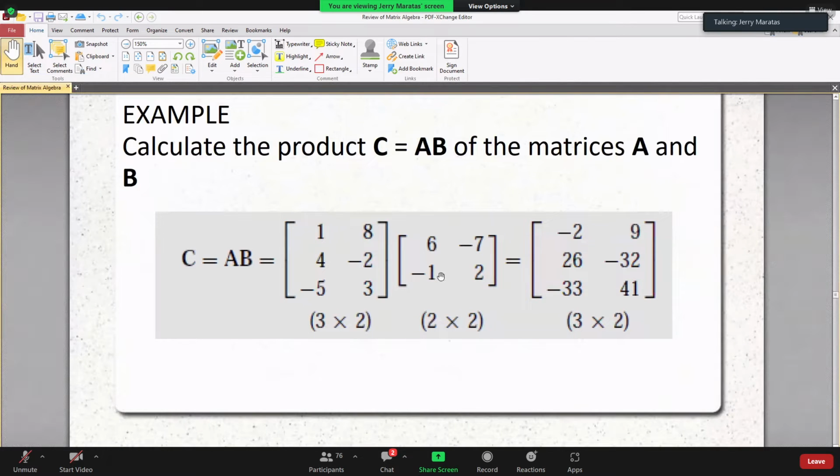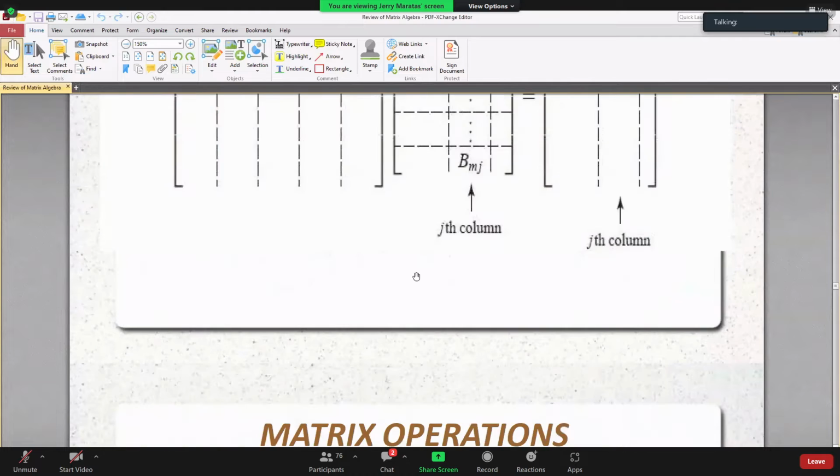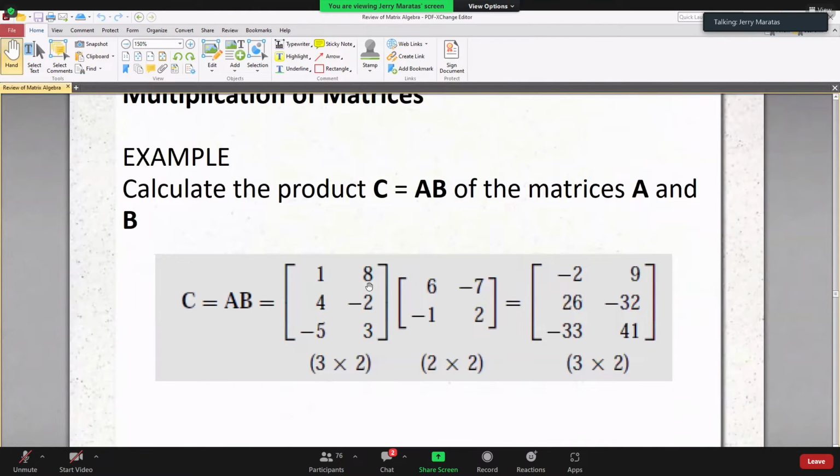So assuming we have two matrices A and B, matrix A is 3 by 2 and matrix B is 2 by 2. Assuming we have the elements of matrix A and matrix B. They are conformable, right?